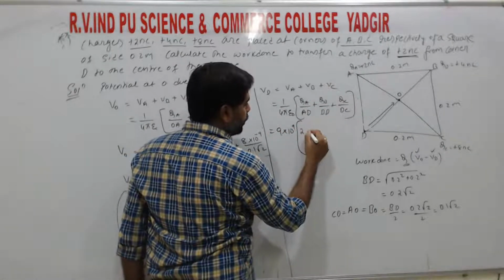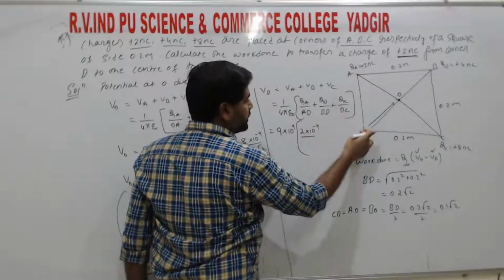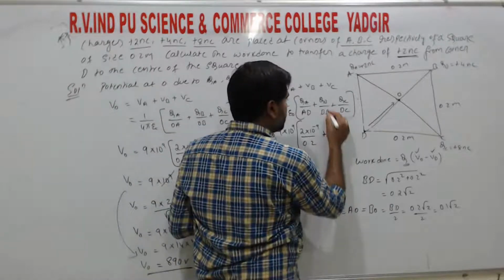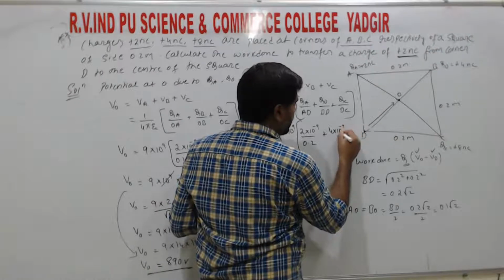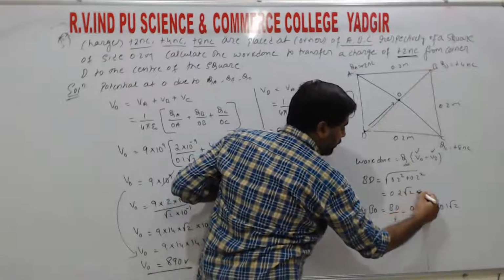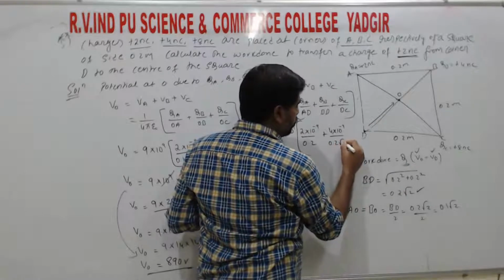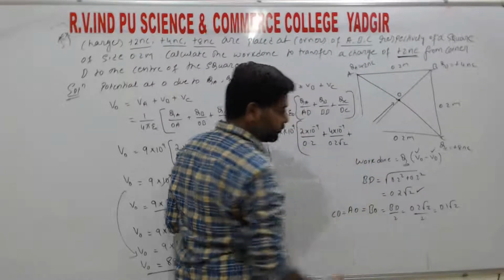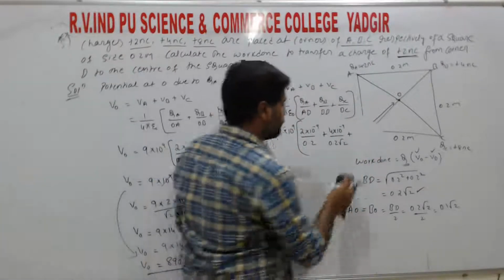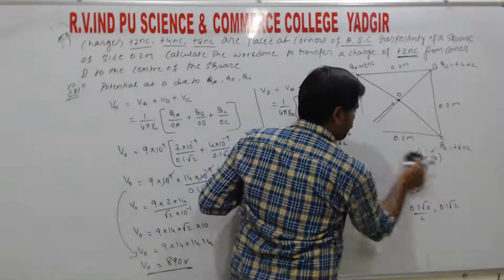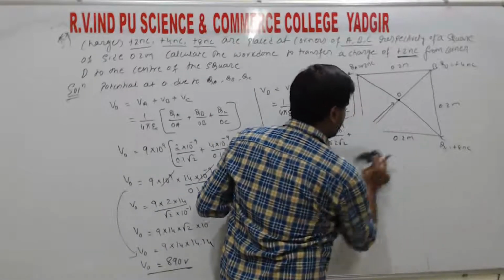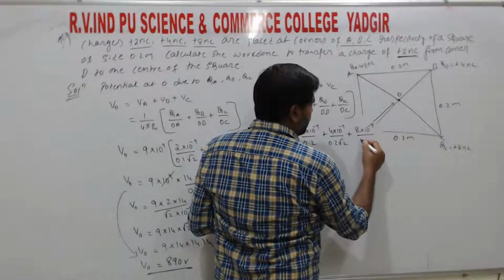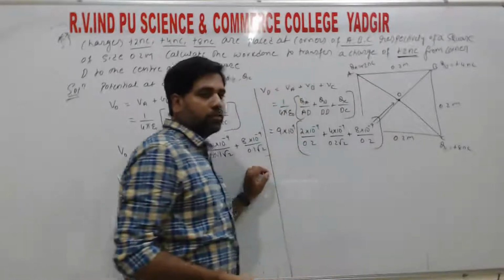Now, this value is 9 into 10 to the power of 9. Charge QA is 2 into 10 to the power of minus 9. The distance A and D, that is the square side 0.2, plus QB is 4 into 10 to the power of minus 9. The distance BD, here we get 0.2 root 2, plus QC value is 8 into 10 to the power of minus 9 divided by 0.2, right?